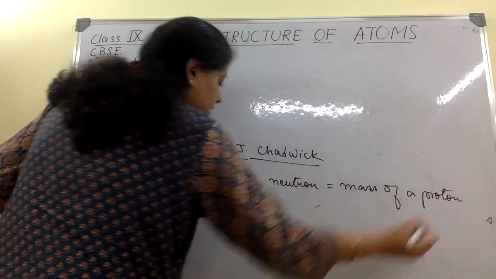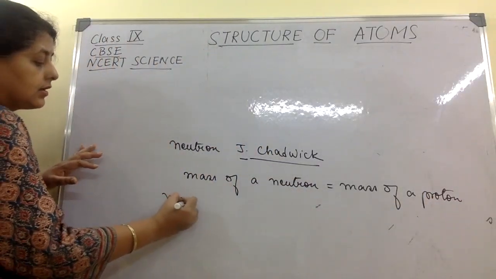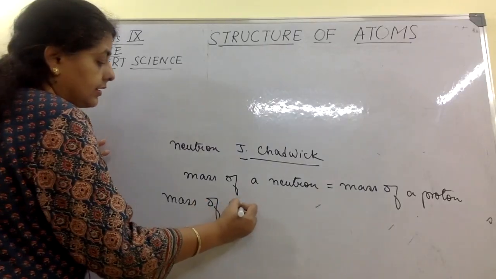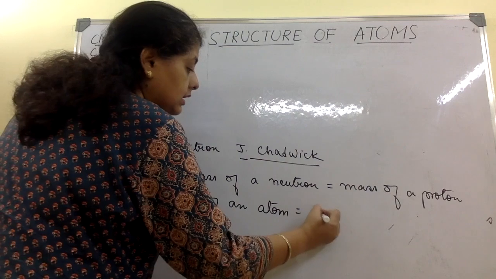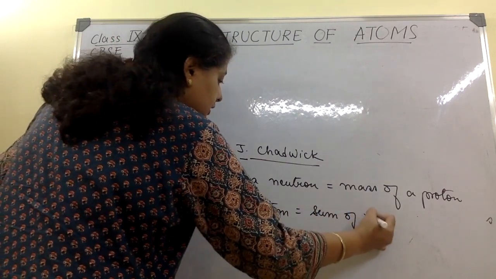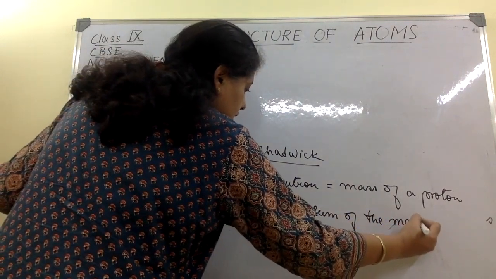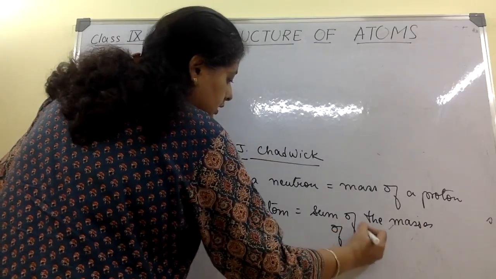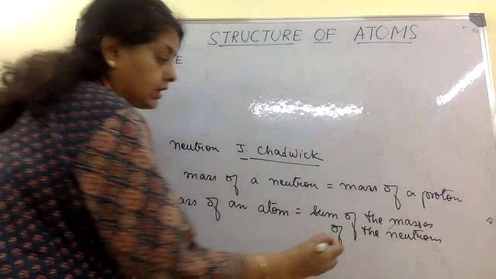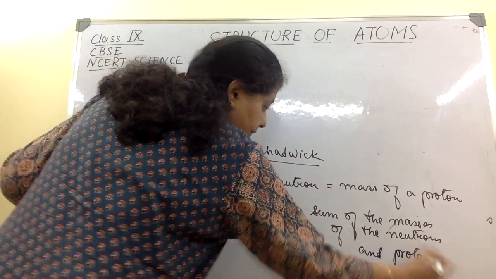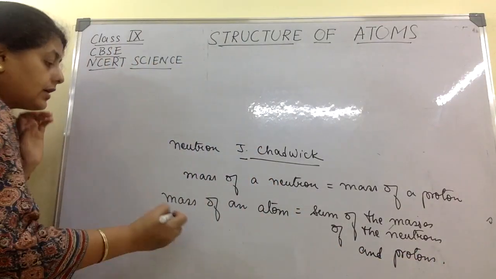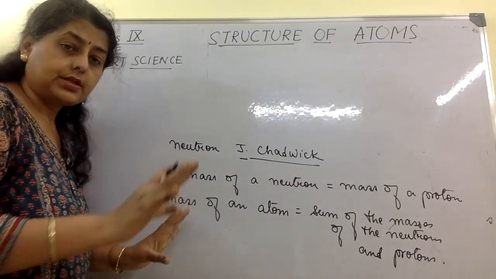He also said the mass of an atom is therefore equal to the sum of the masses of the neutrons and the protons. And neutrons do not have any charges.